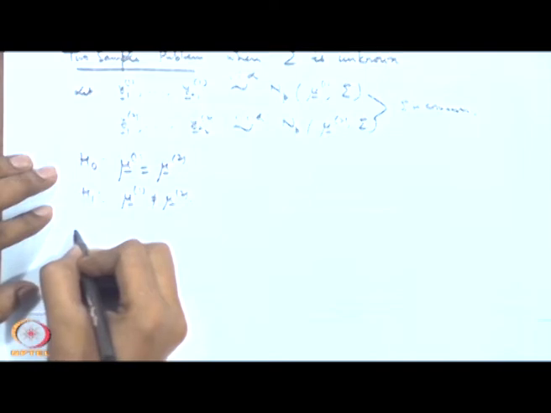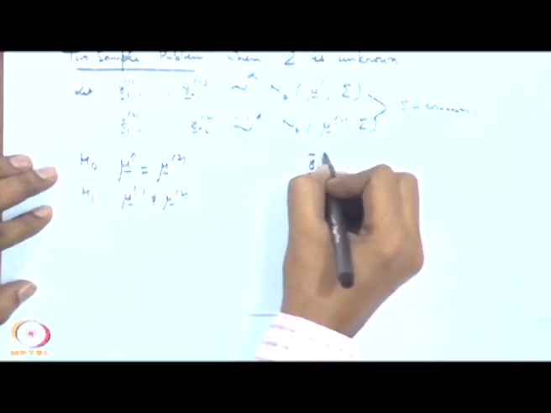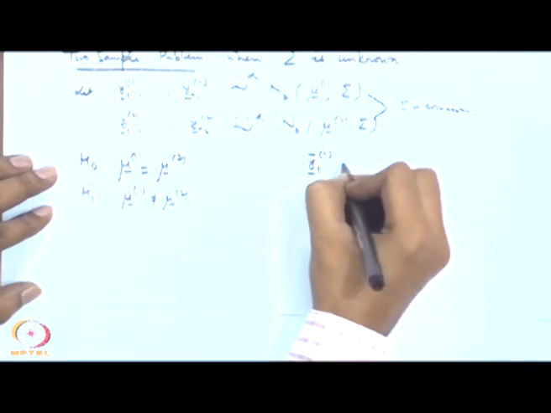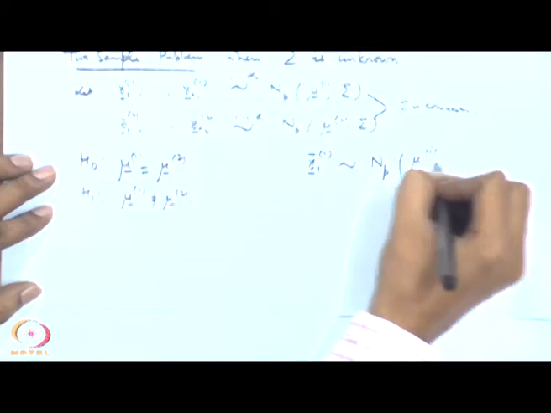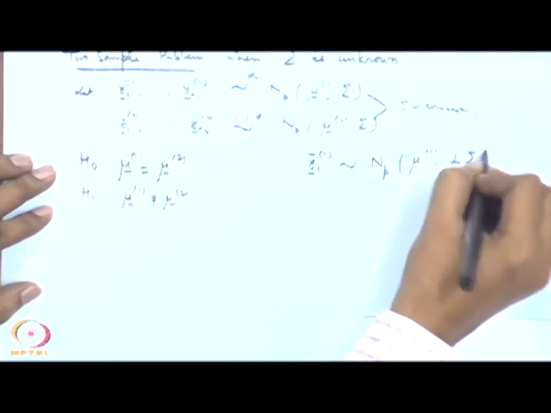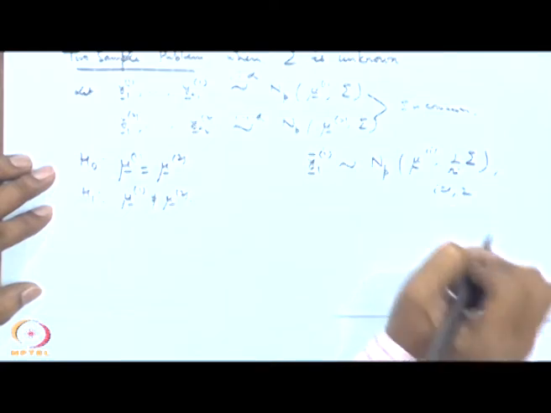So, we will construct the Hotelling's t square here. Let us consider the sample mean vectors y 1 bar, y 2 bar; they will be N p mu i, 1 by n i sigma for i equal to 1, 2.